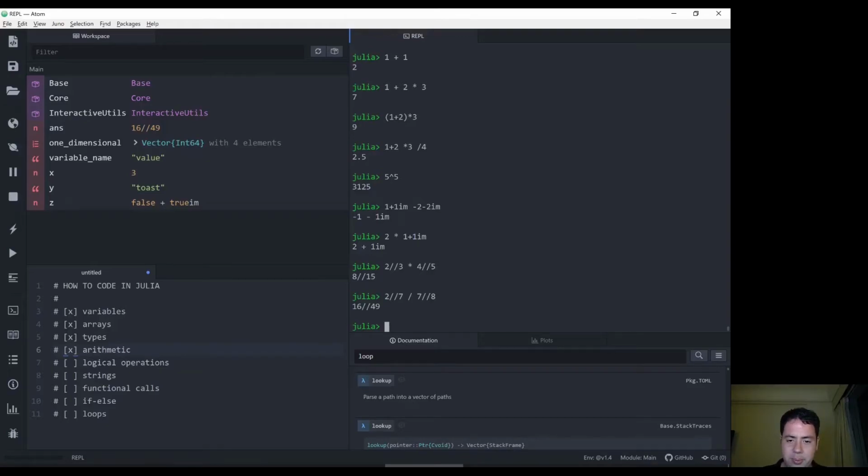It does look quite normal, I guess. Julia also, I believe, supports logical operations. I haven't tried these out myself. I've been looking in the documentation about them, and I think it seems to support all the standard sort of things you'd expect from a programming language, such as bitwise operators.